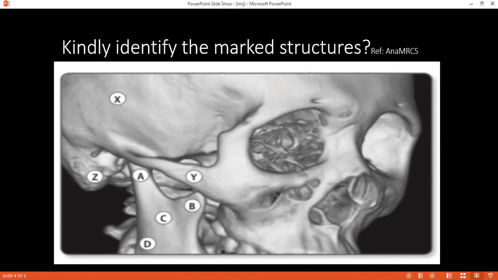Okay. If there is an uncomplicated dislocation of the temporomandibular joint, in which direction will this joint be dislocated? The most common type of dislocation is anterior dislocation. Why do you think it would be anterior? Yes, ma'am.